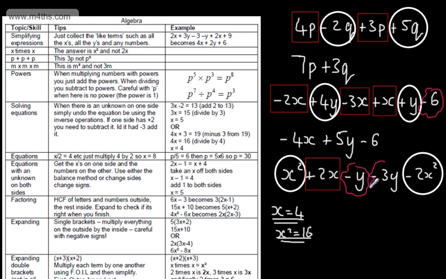You certainly don't have to do this, but to begin with, it might help you avoid making errors with the signs. So x squared minus 2x squared is going to give me minus 1 lot of x squared. So we just write minus x squared. I've got plus 2x, and then I've got minus y minus another 3y. That's minus 4y. So I've fully simplified this by collecting like terms.